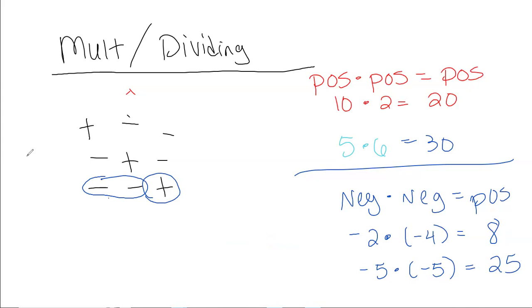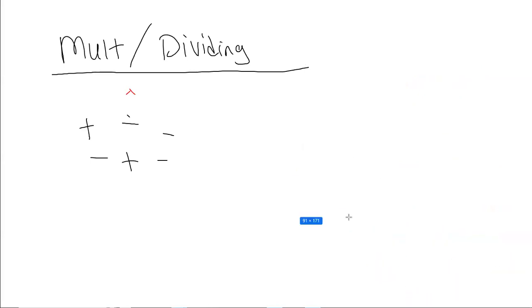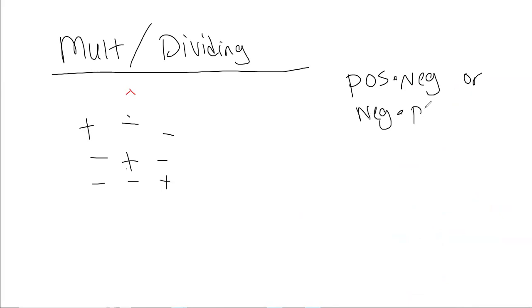All right, let me reset here. What if they're opposite signs? Opposite signs come out negative. So if you have positive times negative or negative times positive, those both come out negative.